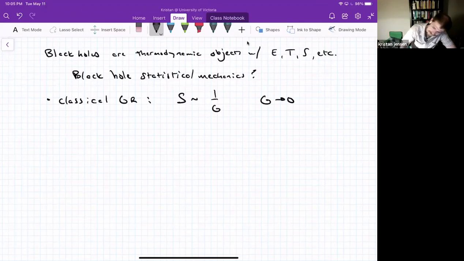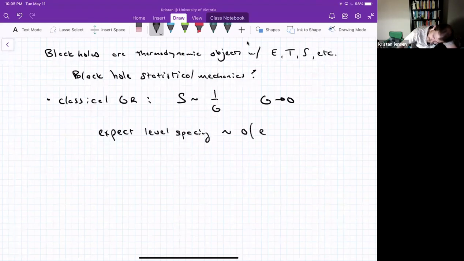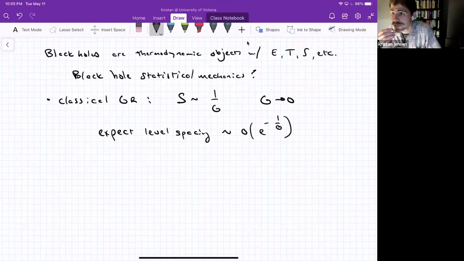And correspondingly, the level spacing that you might expect between different microstates that would make up the black hole, if you wrote it down, you would expect it to be of order e to the minus 1 over g Newton. And just non-perturbatively small and impossible to resolve in classical gravity.